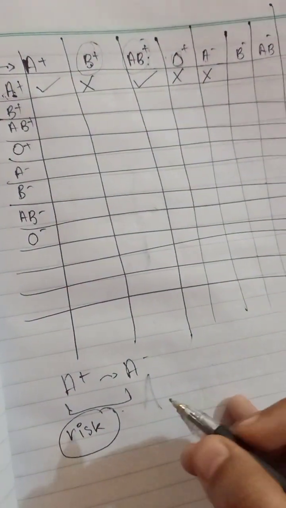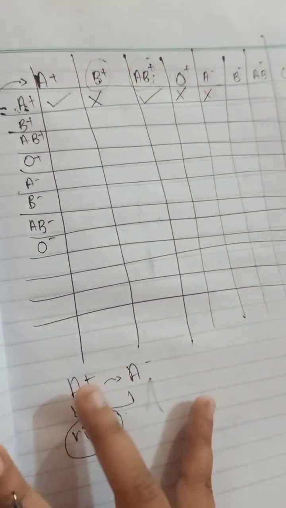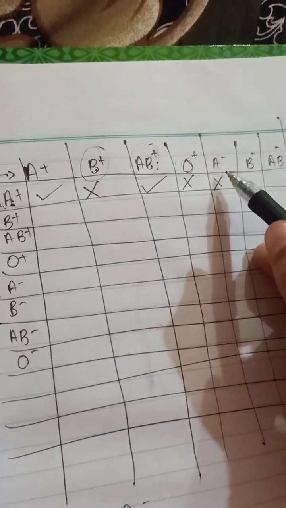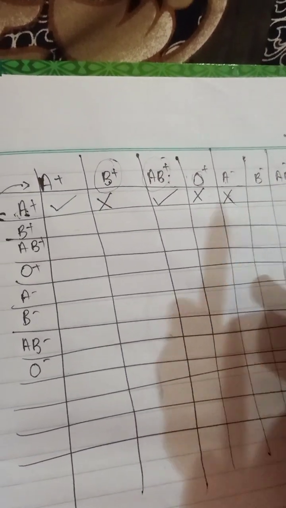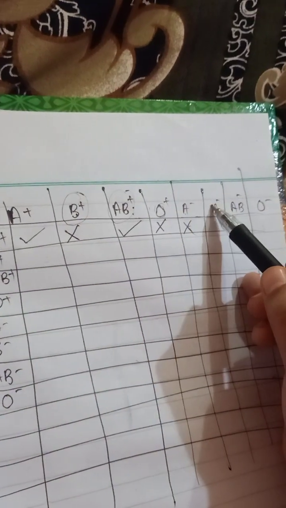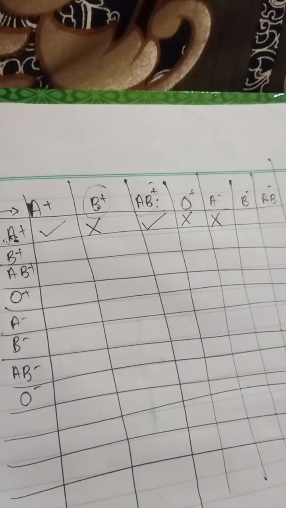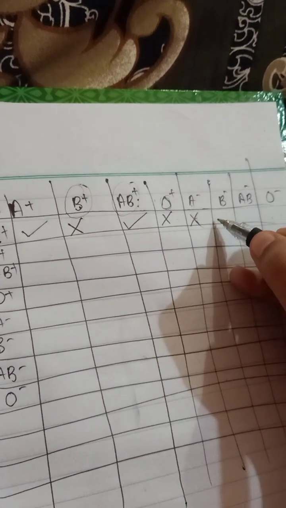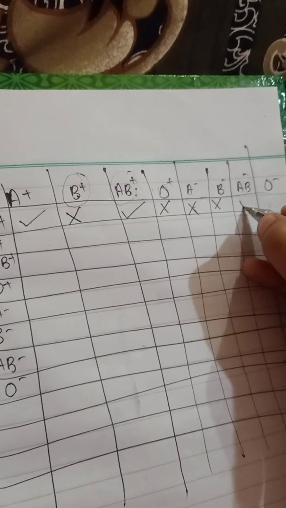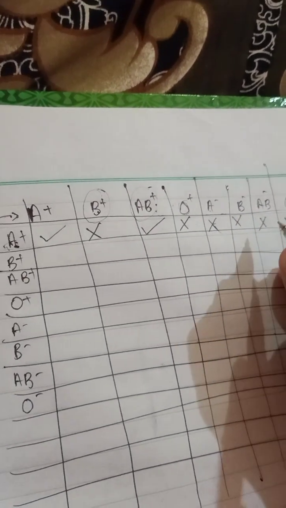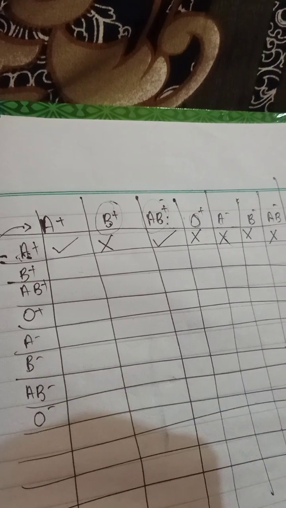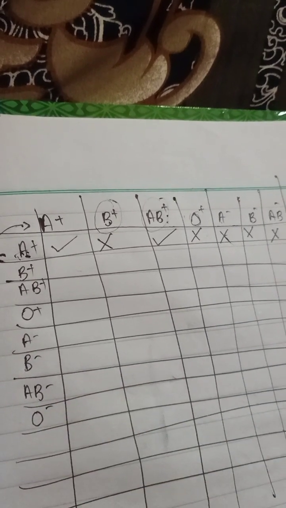That's why we are writing cross here. If we talk about A positive giving blood to B negative, it is the same thing, negative, negative, and negative, just because of the anti Rh antibody.